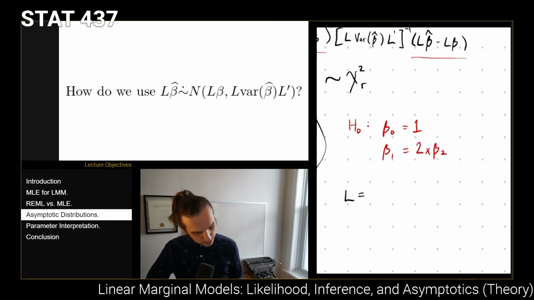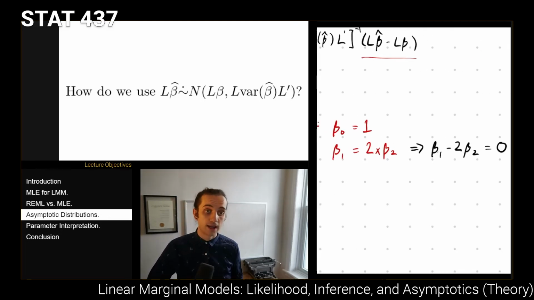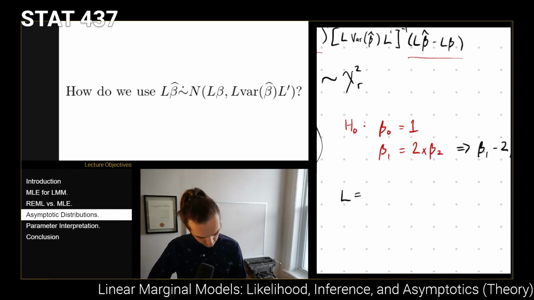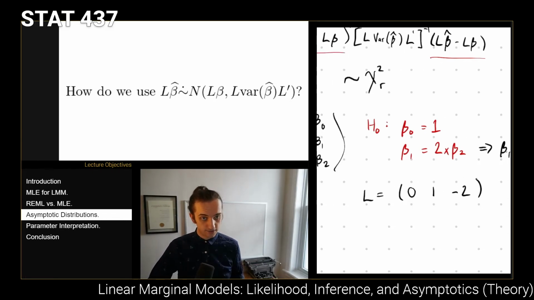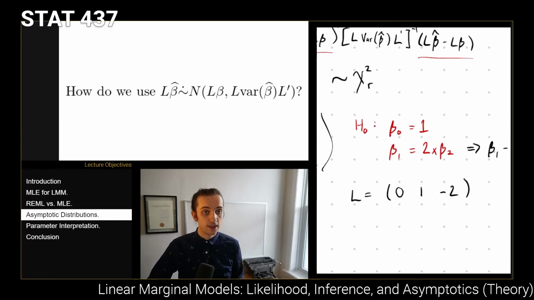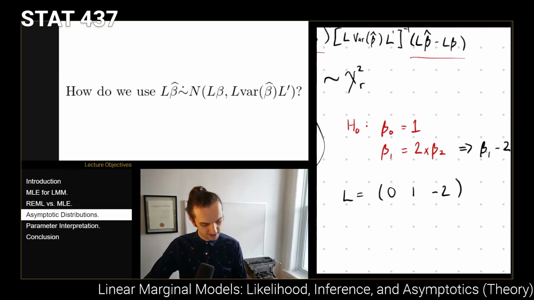Well, we can rewrite beta 1 equals 2 beta 2 as the same thing as beta 1 minus 2 beta 2 equals 0. And now if we think about taking a row as 0, 1, negative 2, well, if L beta now equals 0, then we would know that beta 1 minus 2 beta 2 equals 0, as we've tested in this hypothesis.